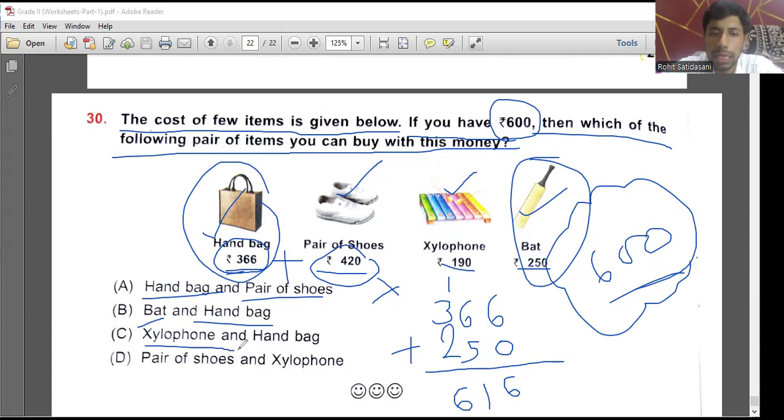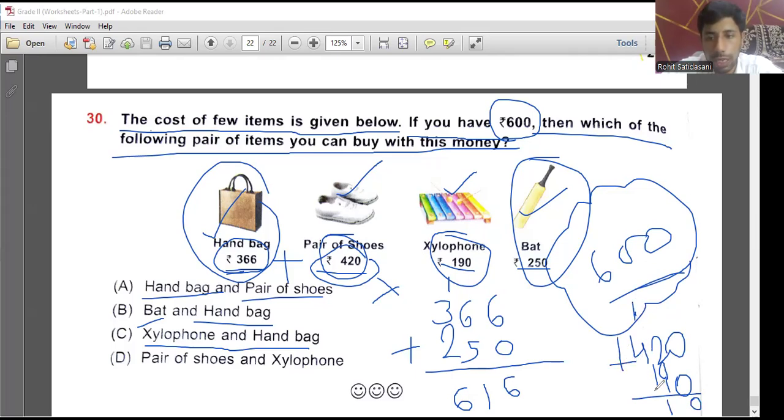Xylophone and handbag, can you buy them both? 190 and 420. Again, you can add and check. It should come less than 600 or 600. 190, if you add, you get a 0, 11. And here we get, when you add 4 plus 1, 610.